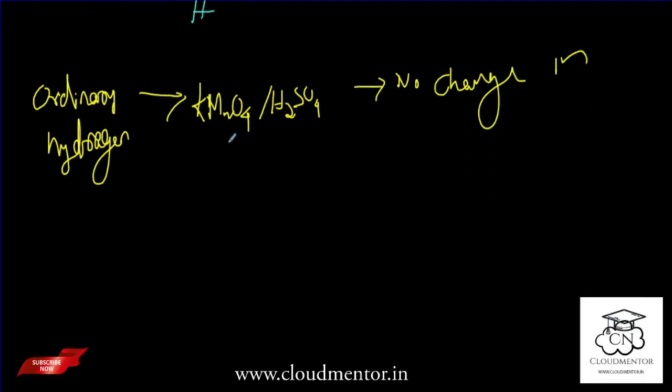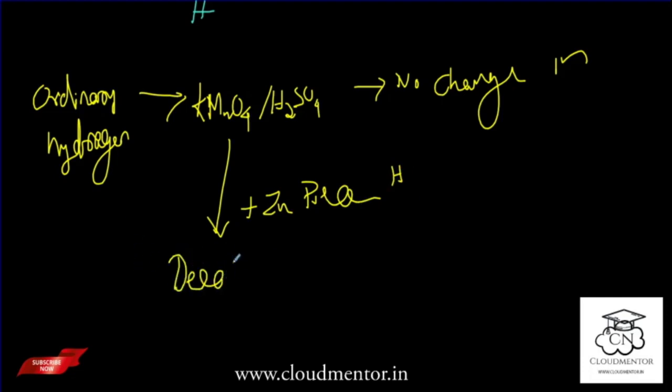But if we apply some zinc pieces with the dilute H2SO4, hydrogen is liberated, that is nascent hydrogen is liberated here, and decolorization occurs.